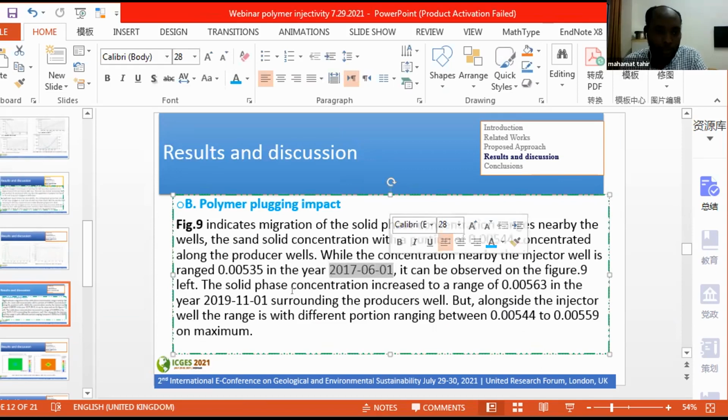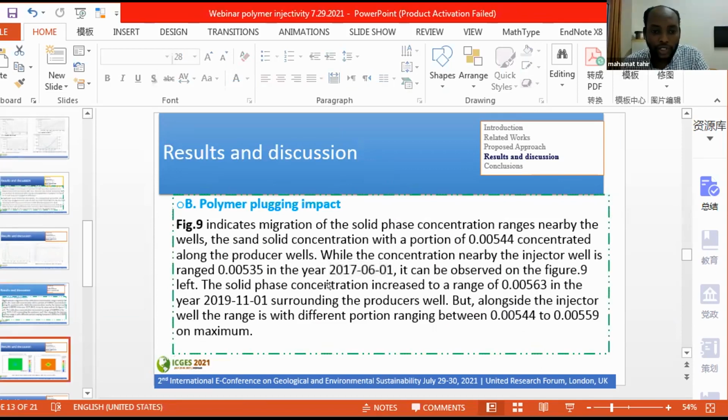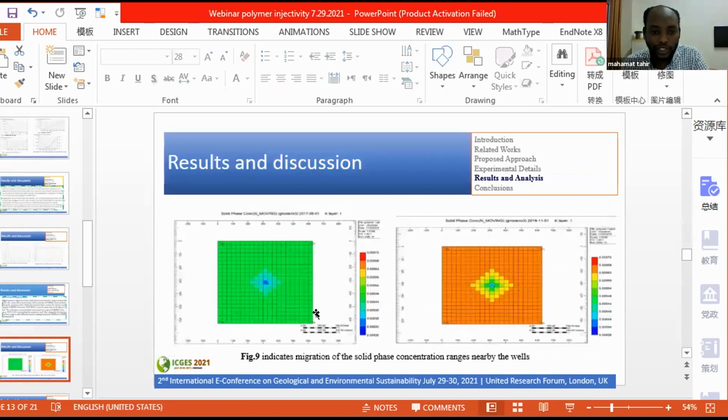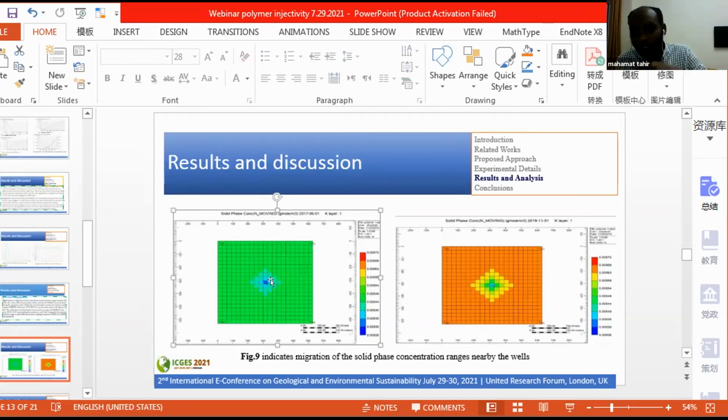So we can observe that as a function of time, the concentration has increased at the position of the producer well, which is positioned in the corner, while the injector well is in the center. Nearby the injector well, the presence of the blockage, which is part sand and broken rocks, is lower, but nearby the producer it is higher.